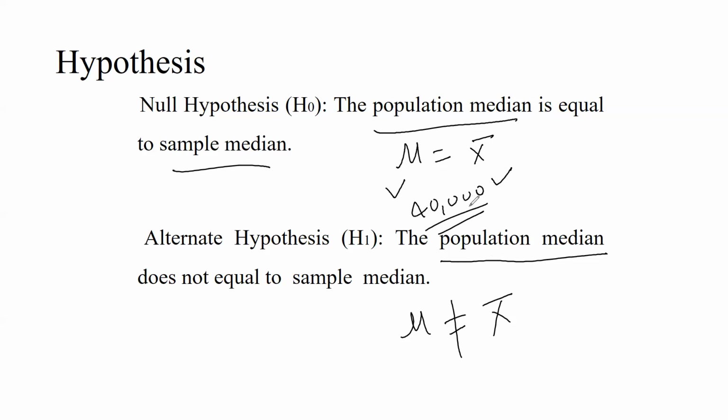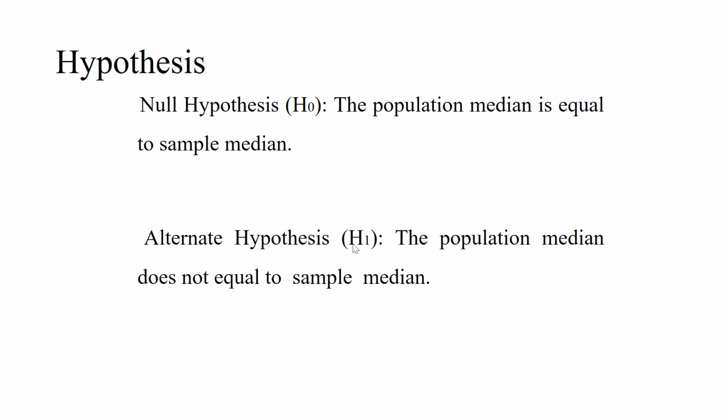But if it is not equal, like 30,000, there is a big difference, so we can say the company is not telling the correct things. Is it clear? Now I'm taking the case study or data set.